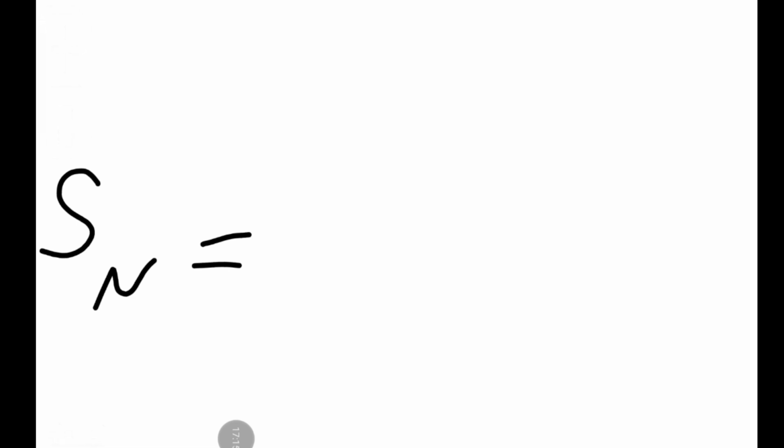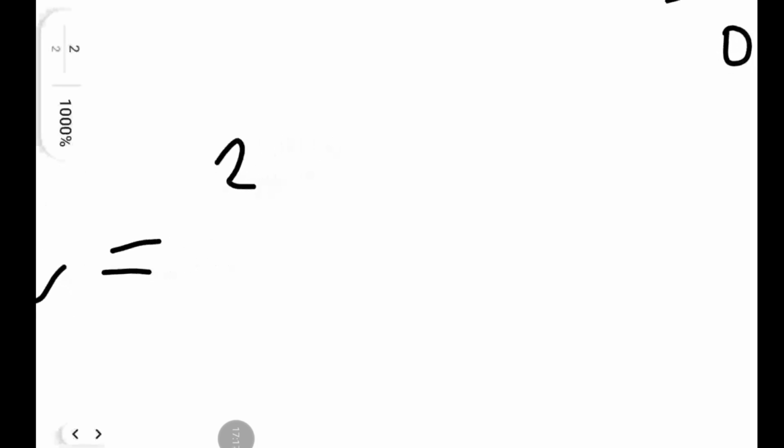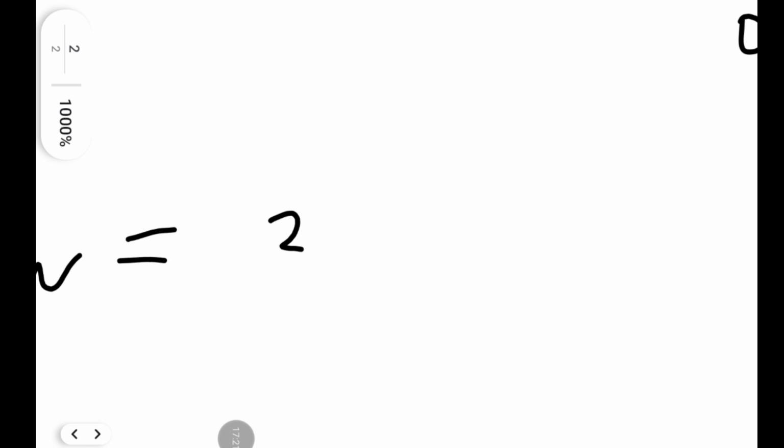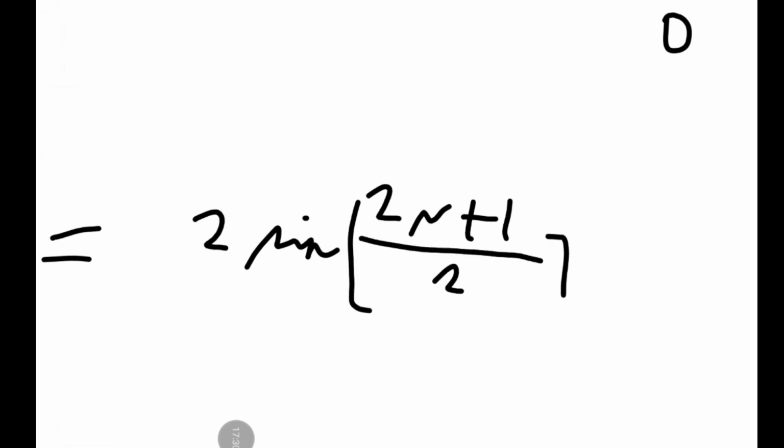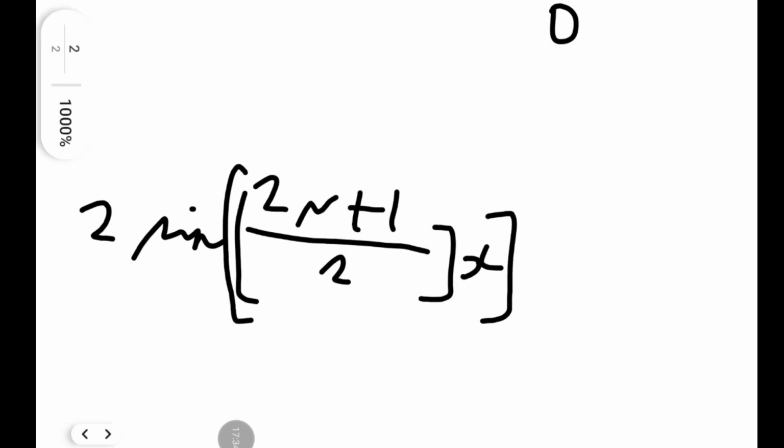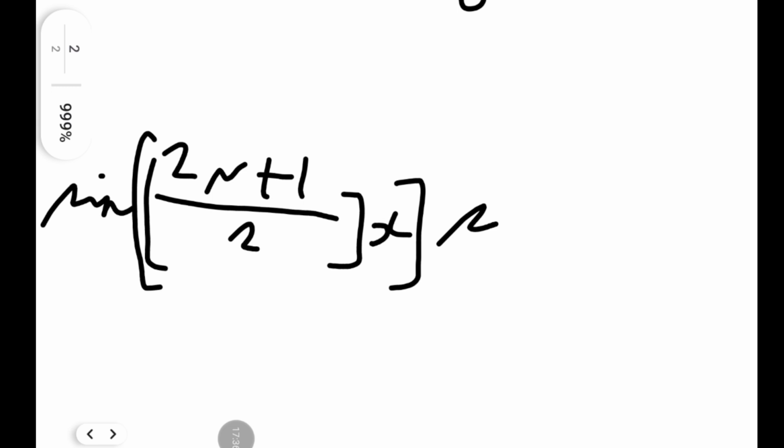So it's going to be 2 sine of (2n plus 1 over 2) times x, in the outer brackets, and you're going to have that times by cosine of x over 2.